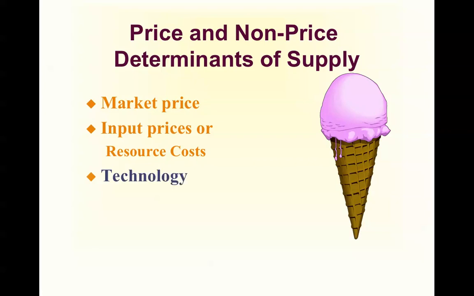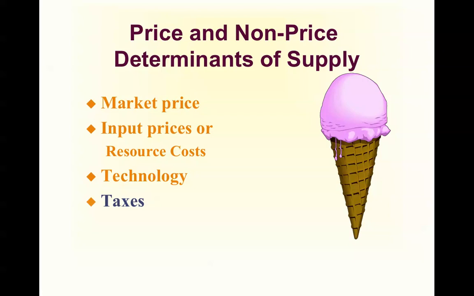Technology, the ways and means that we use to make the product. Are we going to use an assembly line, or are we going to do it by hand? This is technology. Any increase in technology will most likely increase supply, shifting supply to the right.